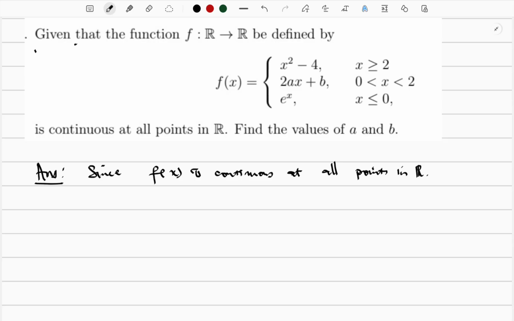So that is what we know right now, that everything is holding, and we want to take advantage of that. Since f of x is continuous at all points in R, the limit as x approaches 2 from the positive of f of x.